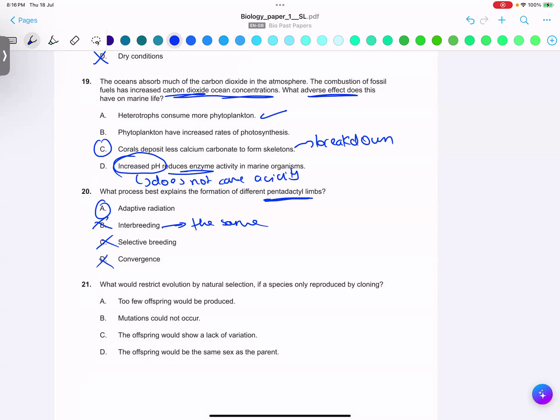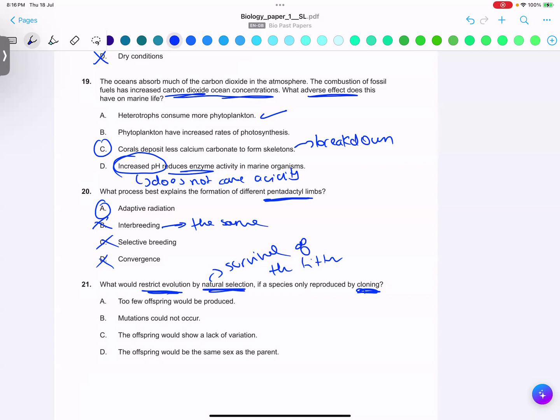For 21, what would restrict evolution by natural selection if species only reproduced by cloning? Natural selection is basically survival of the fittest. Too few offspring would be produced, not necessary, no. Mutations could not occur, also not necessary.